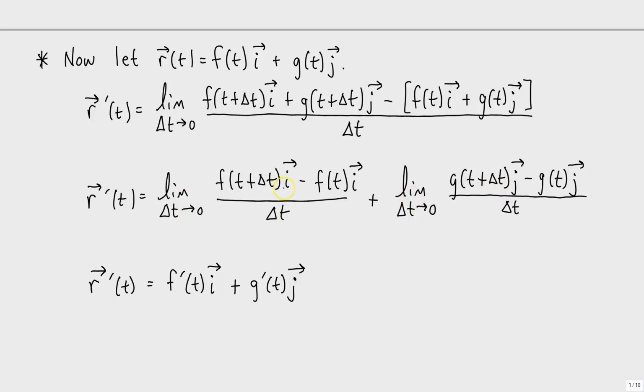The limit of this expression is simply f prime of t. You can factor the vector i out. And then this is just g prime. So basically, r prime is just going to be the derivative of f plus the derivative of g. So you just do the derivative of each component function to get the derivative of r.